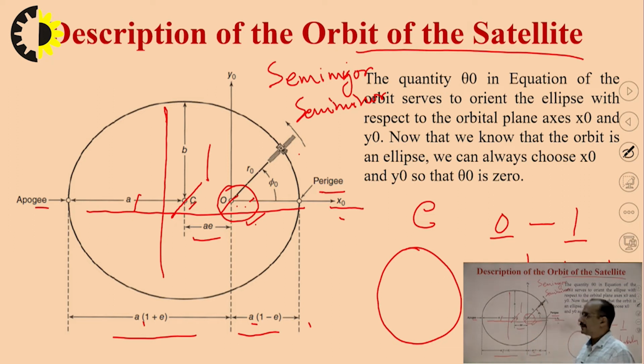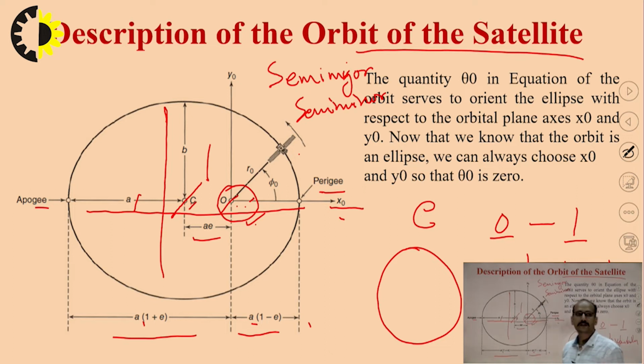Perigee is the location of the satellite which is closest to the focus on which the larger body is located. If we take Earth to be located here, this is the satellite. When this satellite is orbiting the Earth in the elliptical path, there are various conditions when the distance between the Earth and the satellite will change.